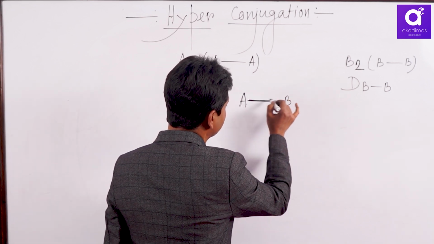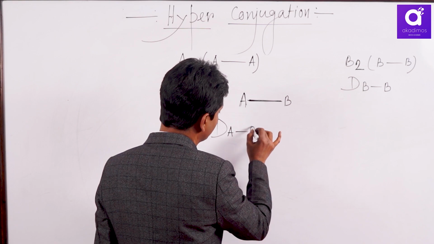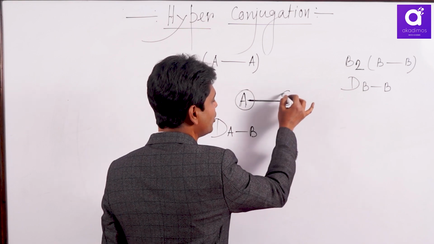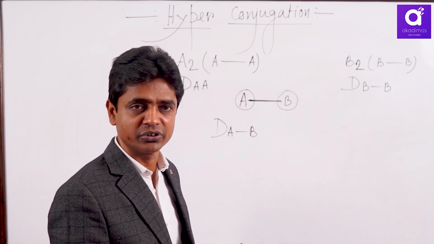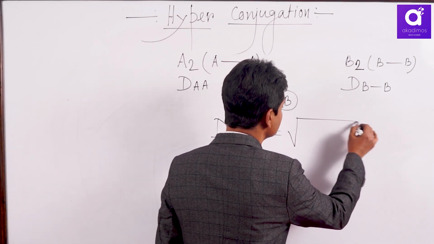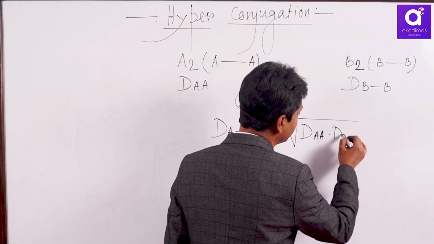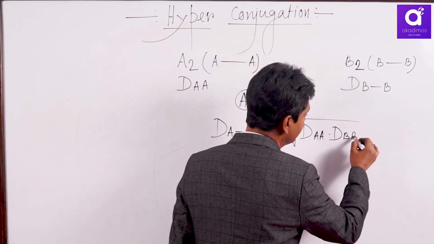Now this bond energy, theoretically, mathematics will tell you that if I consider this also a pure covalent bond, then its energy should equal the geometric mean of DAA and DBB.